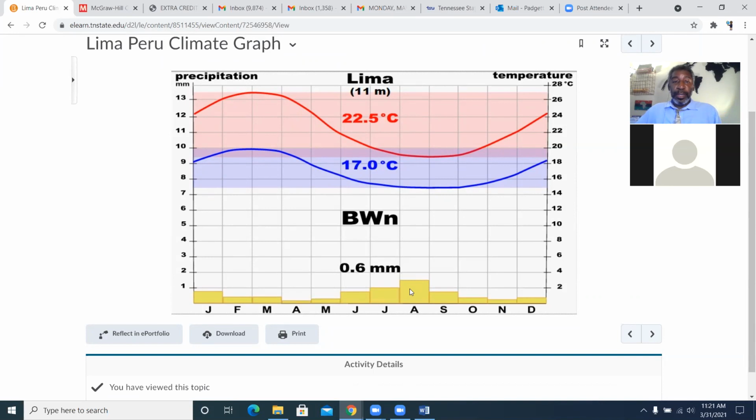And so you can see how that low rain amount clearly illustrates the fact that the Atacama Desert is one of the driest places on Earth.